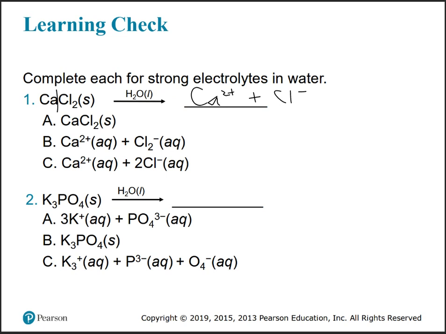There's 1 minus for the chlorine ions. And there are 2 of them. We get that 2 from this subscript here. So when you dissolve this ionic compound, you're going to break up the calcium from the chloride ions, and you're going to have 2 chloride ions and 1 calcium ion. So that means that it's C that represents this strong electrolyte dissolving in water.